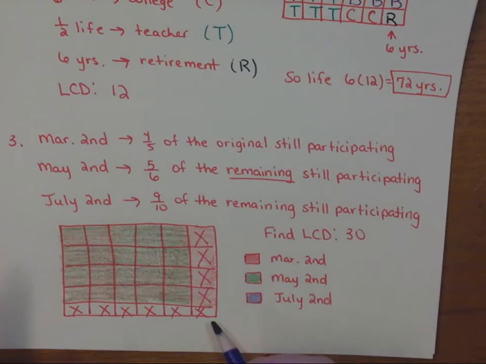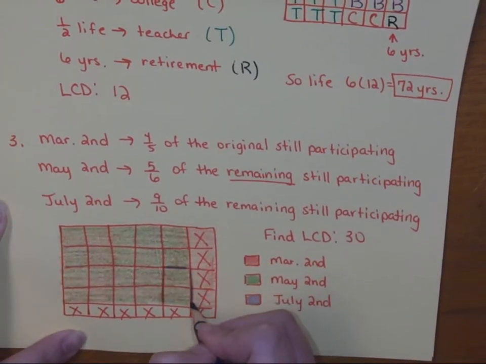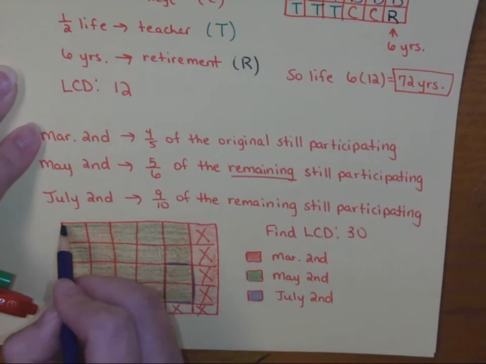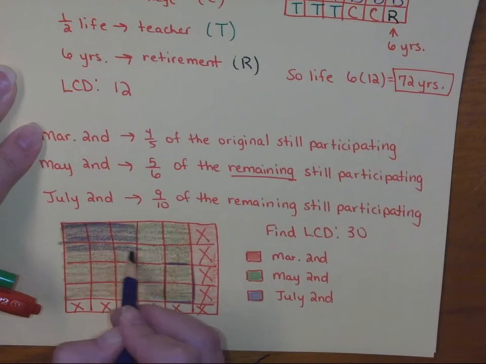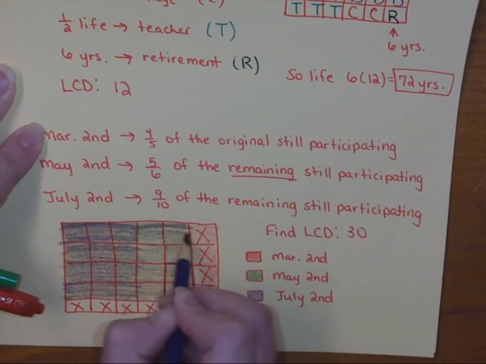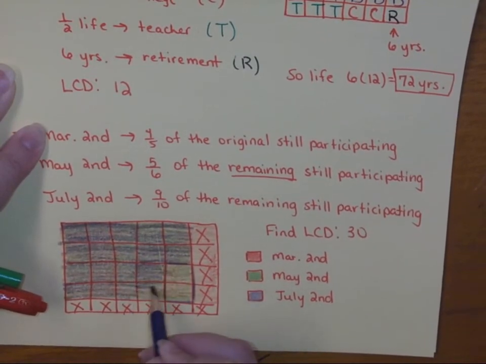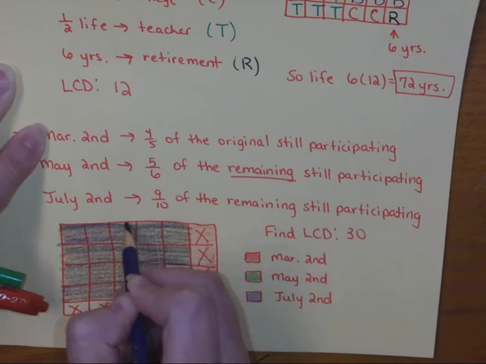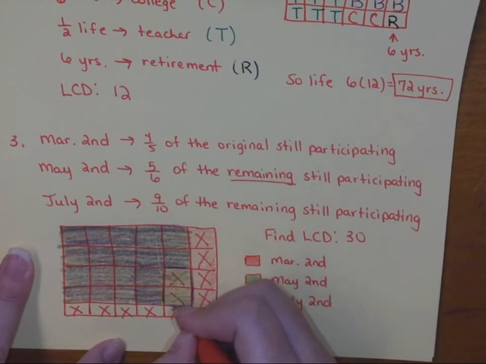So basically, all except for 2 boxes of people stayed in, because 9/10 is a lot, right? It's honestly probably more than would really stick with a fitness plan in real life, since most of the time people don't stick with that, right? So notice I colored in 18 boxes because I had 9 groups of 2 that stayed. And so these people hung out for a while, but now they are also out.